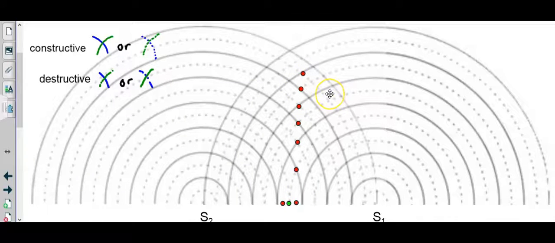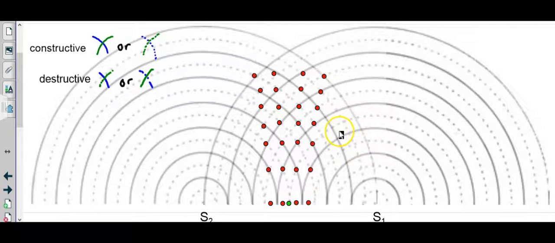I'm going to fill in this whole chart for you, and then we're going to come back and take a look at what that looks like. Okay, here we have all of the destructive interference points. Everywhere a crest meets a trough, I put a red dot to show that those two waves cancel each other out. Let's take a look at what happens when we overlay the constructive and the destructive points.